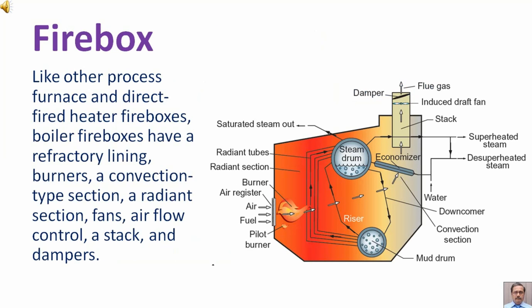Firebox. Like other process furnace and direct fired heater fireboxes, boiler fireboxes have a refractory lining, burners, a convection type section, a radiant section, fans, airflow control, a stack, and dampers.